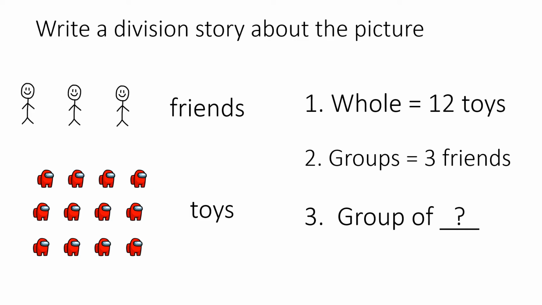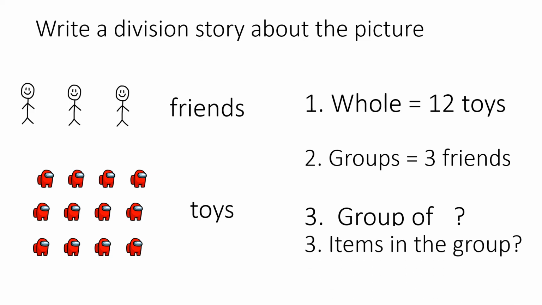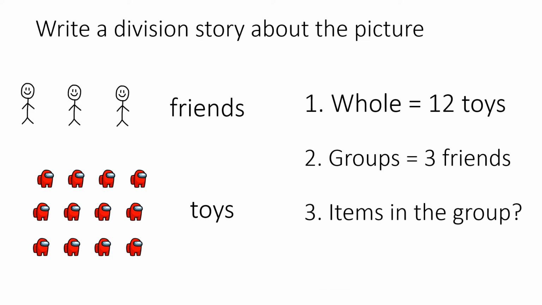Yes, we pass these toys or share them with your friends. So groups of 3 friends. Now, the question for this story is, how many does each friend have? Or how many toys does each group get? So how many items in the group for a friend?